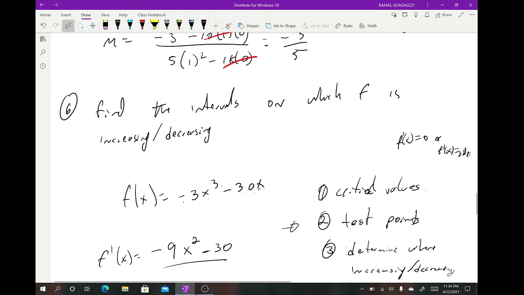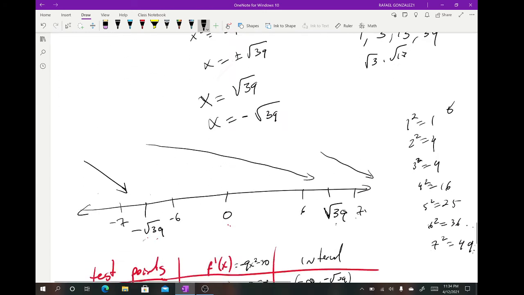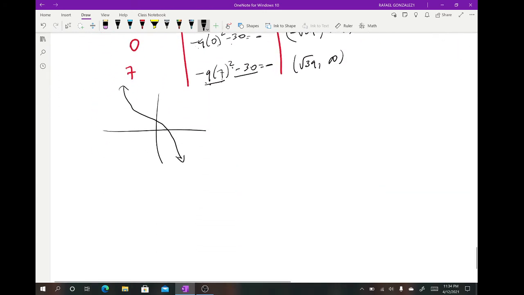And the question was, find the intervals on which f is increasing or decreasing. Well, the function is never increasing, so it is decreasing on the interval negative infinity to infinity. And that is the solution for this problem. The function is always decreasing.